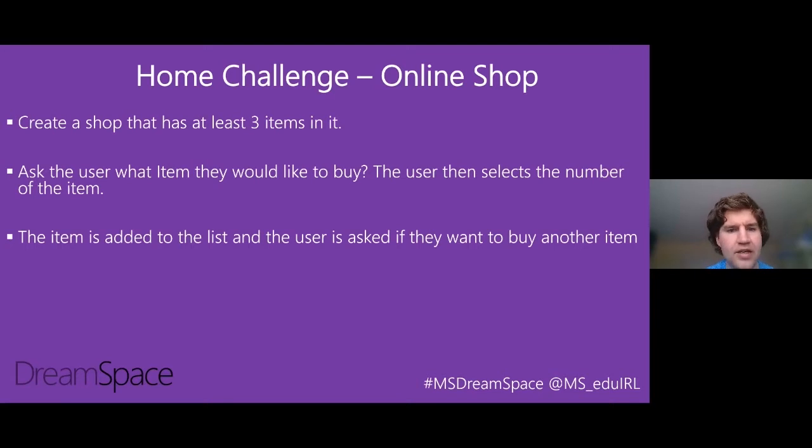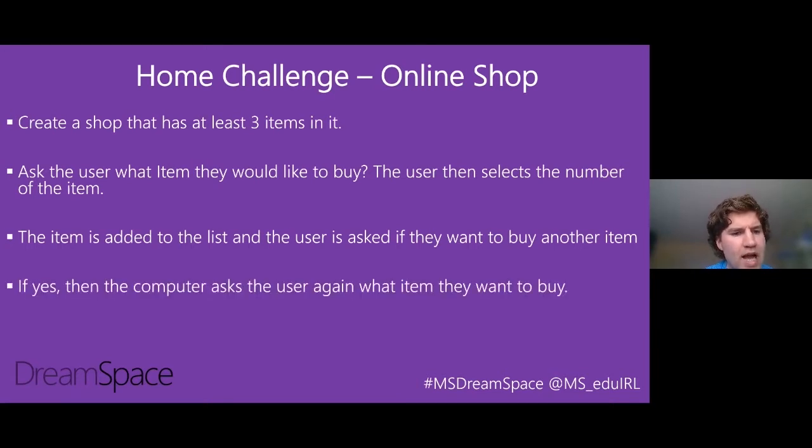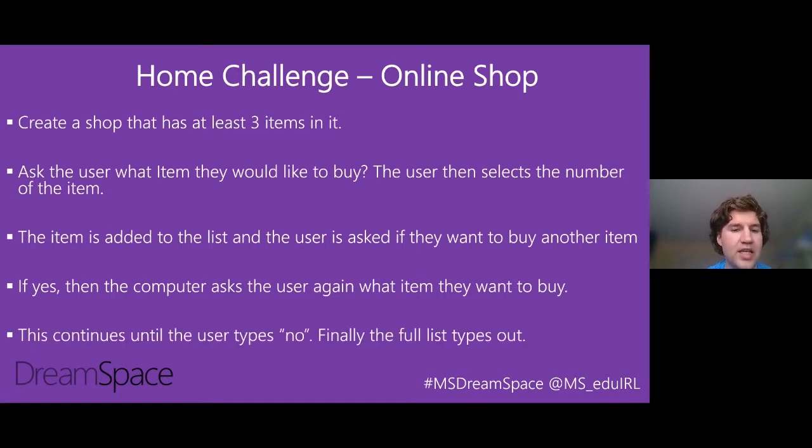So once they'd added an item to a list, we would ask them if they wanted to buy another item. And if they said that they did, we would give them the option to choose it and keep going until they said no, that they were done shopping and that this was all that they wanted to buy. And to do this, we were going to try and add a while loop into the code that we were working on the last day. So a tricky enough thing to do, but hopefully you were able to give it a chance, and we'll work through it now and see how we get on.